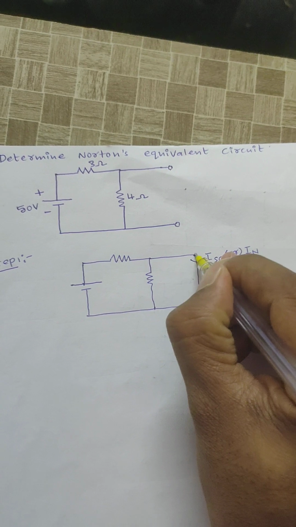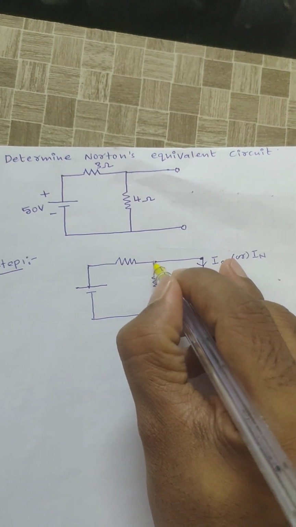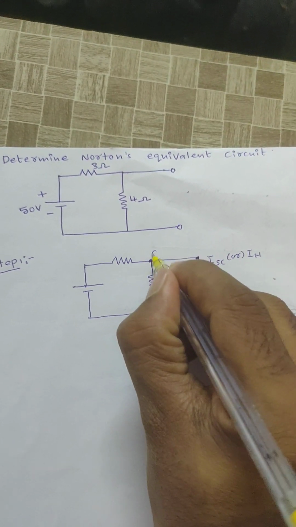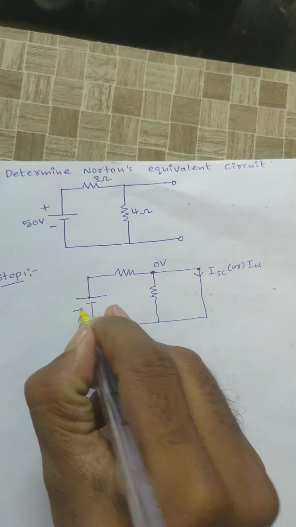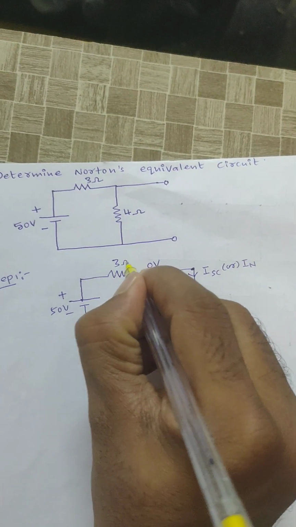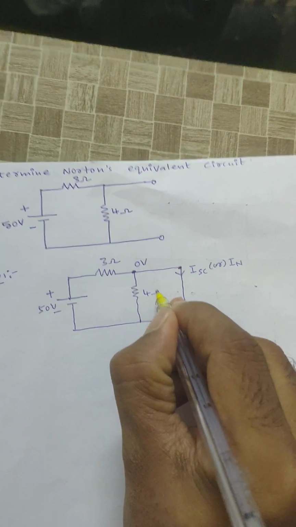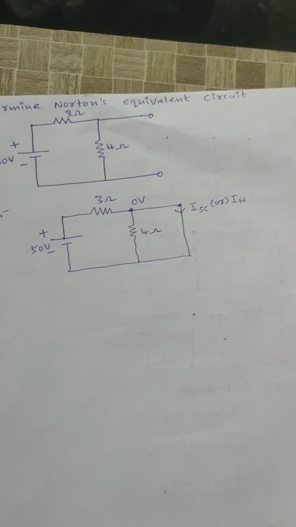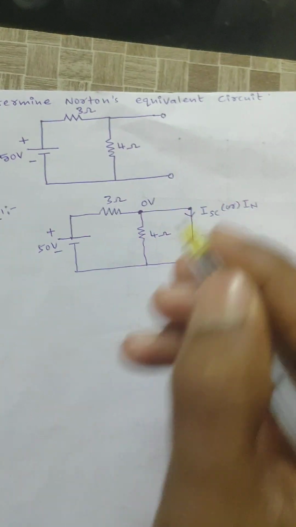Under the short circuited condition, potential will be 0, right? Here this point and this point will be the same. That means here the potential will be 0 volts. It is minus plus 50 volts, 3 ohm, 4 ohm, right? Then apply KCL at this junction.